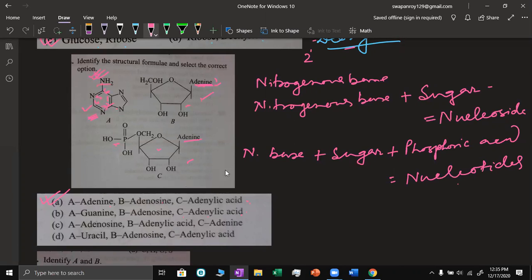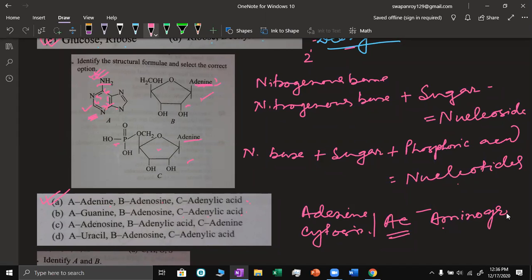Adenine and cytosine, remember AC, they have an amino group. You can remember A is amino. At the sixth position they have an amino group.